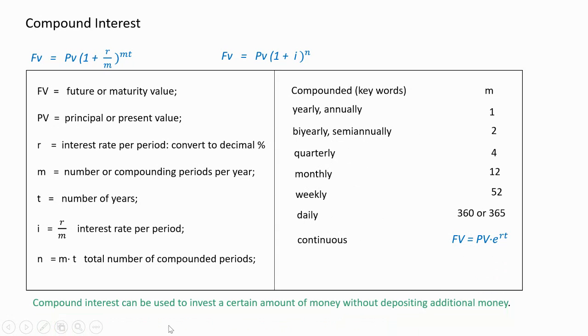Now, this is the usual compound interest. Compound interest can be used to invest a certain amount of money without depositing additional money. In other words, say you have some money at your house, say about 10,000. You can invest it at a bank, and you don't have to put any more money in there.